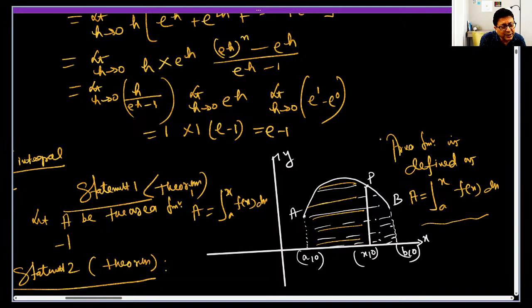Okay, then the derivative of the area function, A'(x) or dA/dx, will be f(x). This is statement 1. For the area function, its derivative is equal to the function, that is f(x).